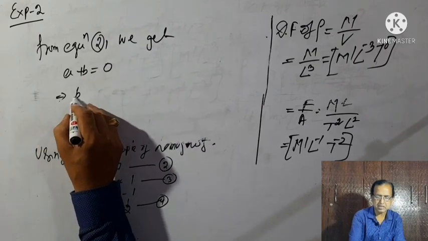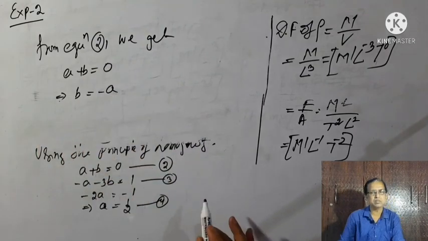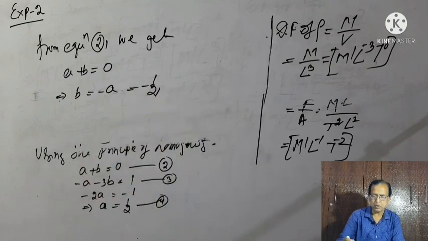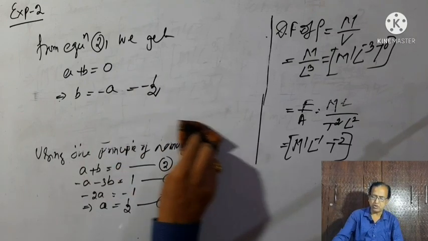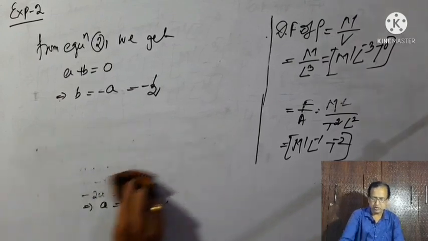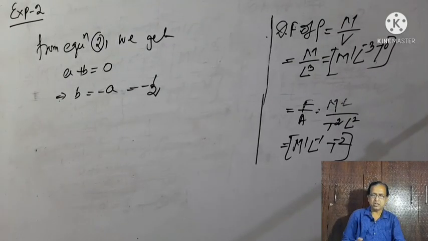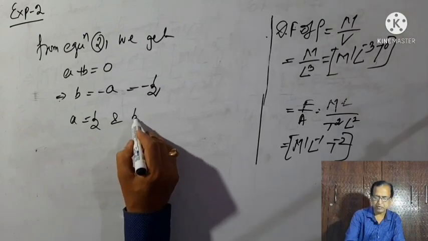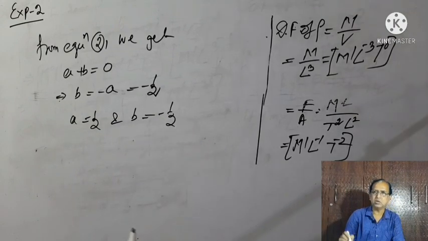This implies b is equal to minus a. a is equal to 1 by 2, so b is equal to minus 1 by 2. That means a is equal to 1 by 2 and b is equal to minus 1 by 2.